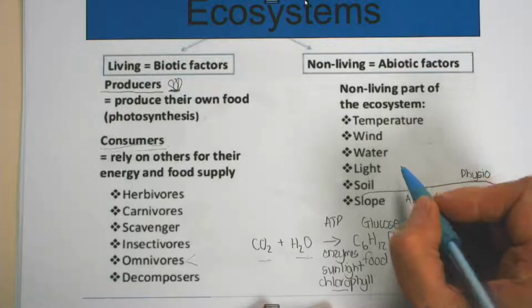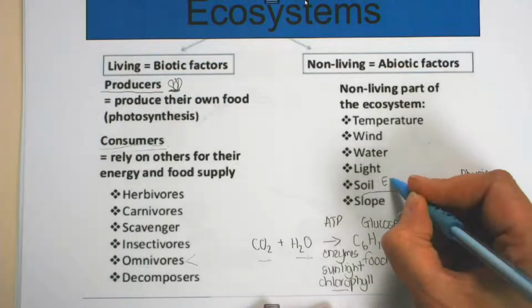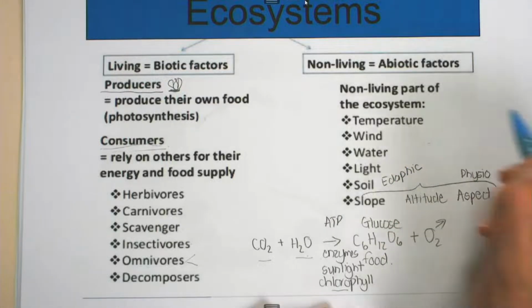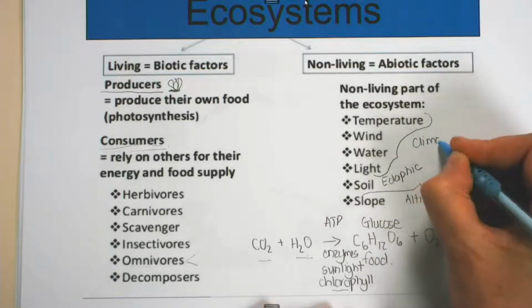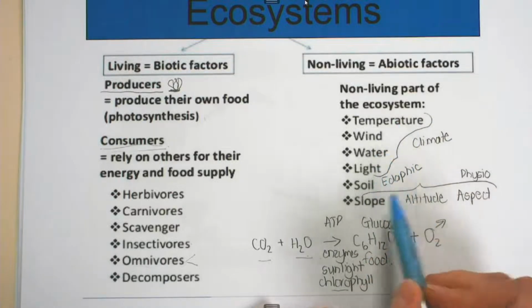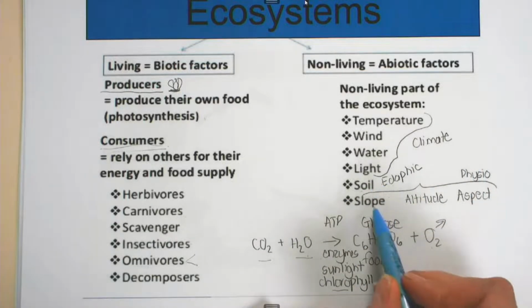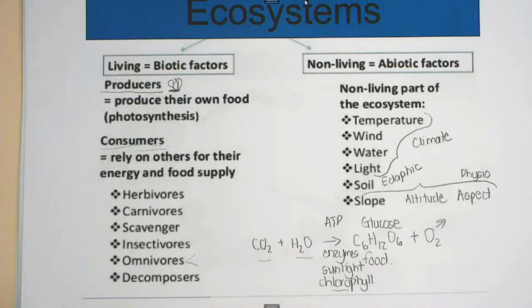And then the other one that we're going to have here, the soil, will be the edaphic. You need to study that. And then this would be the climate. This is climate, influences the climate. Temperature, wind, water and light. Soil is edaphic, and also the pH and things like that. And the slope and the altitude and the aspect are physiographical factors. Okay, we're going to look at them now.